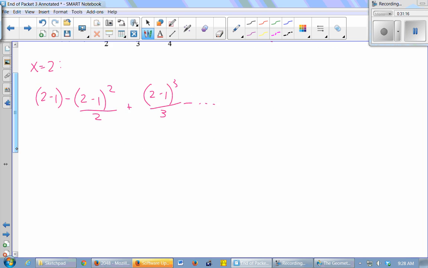When I simplify this, I get 1 minus a half plus a third, and the next thing I would get is minus a fourth plus a fifth. Does this series converge? It converges because it's alternating signs and the terms go to 0. This converges.